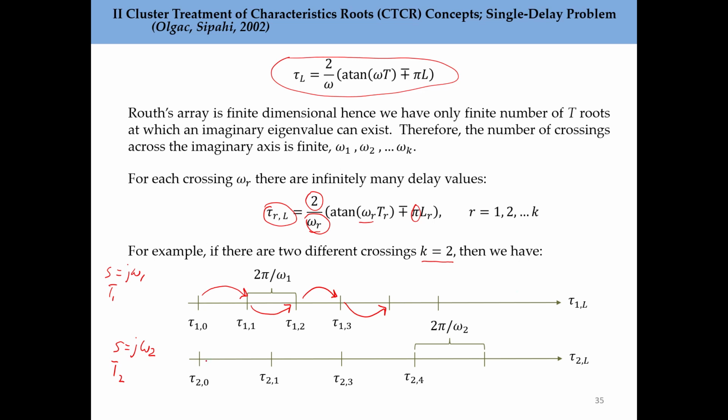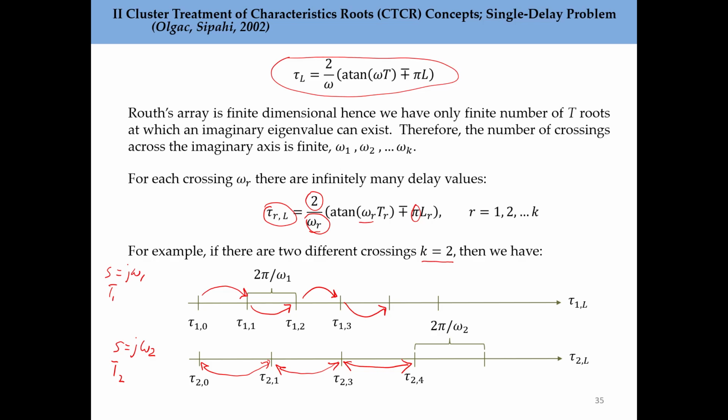If you go to the next set, the periodicity property holds, but the length of the period changes because the omega 2 value is very likely different than the omega 1 value. If omega 2, for example, is a smaller value, then the period will be larger, so the gap between delay values that dictate a crossing across the imaginary axis will be larger.